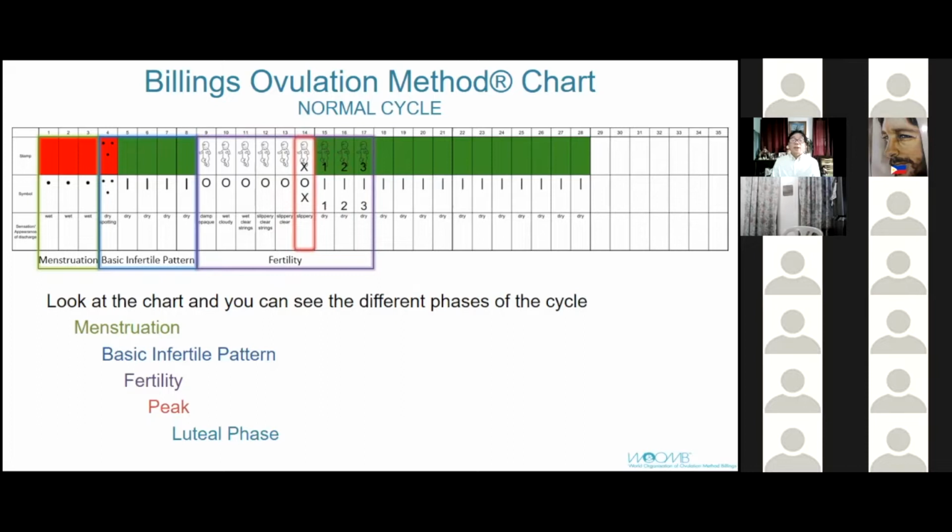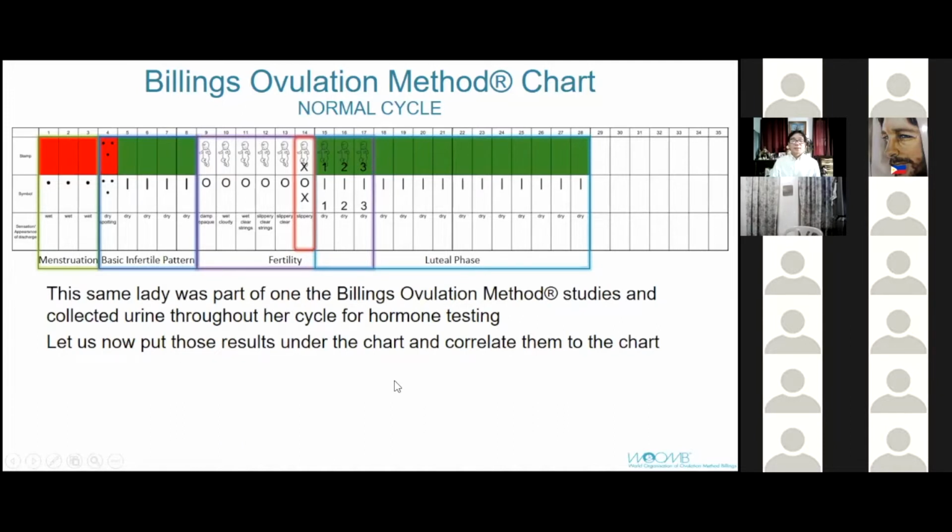The luteal phase begins on day 15. Take note of that. Ang luteal ay hindi nagsisimula on the 18th day. Luteal phase begins on the 15th day, day 1 after the peak. But the infertility starts on the 4th day past the peak day. So luteal starts on day 15 and it ends on day 28.